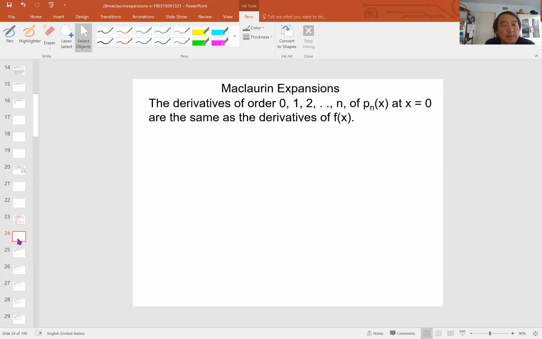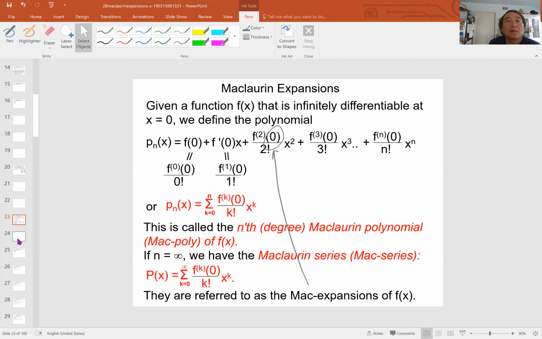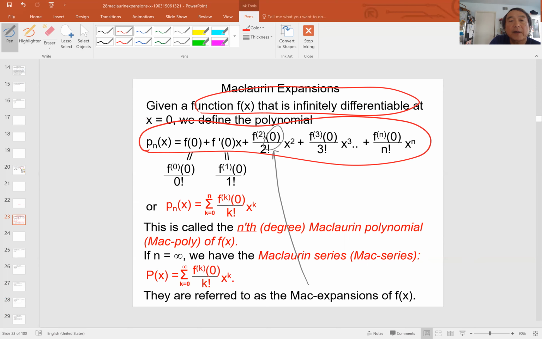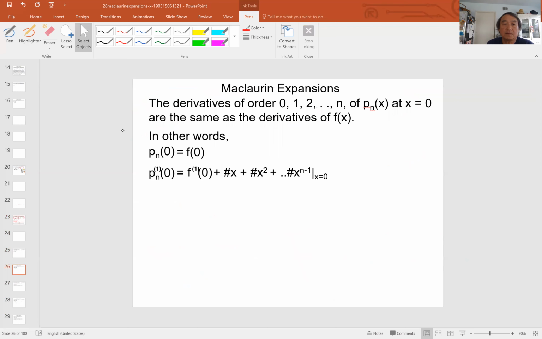First thing to notice: if I start out with an infinitely differentiable function and I make up this polynomial p_n of x, what's the relationship between these two things, a polynomial and a function itself? It turns out their values at zero, which means plugging in the number, up to the nth derivatives, are the same. So the first derivative of the polynomial will be equal to the first derivative of the function at 0 when I plug in.